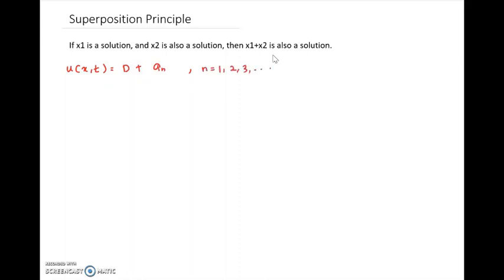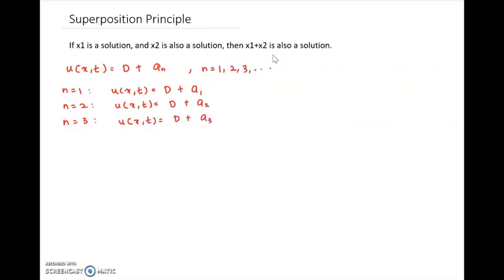When n equals 1, we have u(x,t) equals D plus a1. When n equals 2, we have another solution, u(x,t) equals D plus a2. When n equals 3, another solution, u(x,t) equals D plus a3. That is, if we consider n from 1 up to 3.